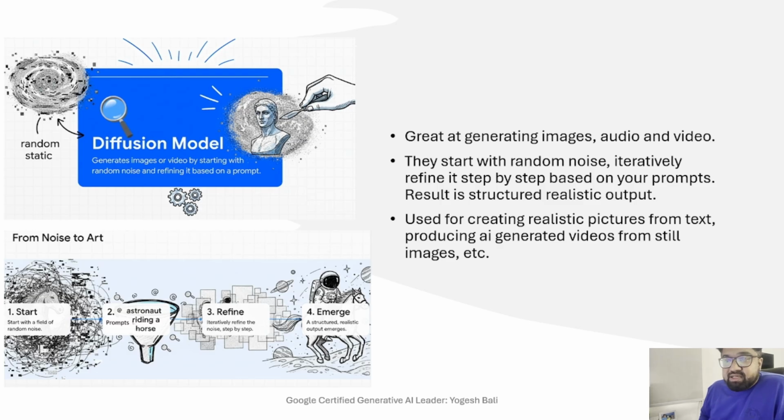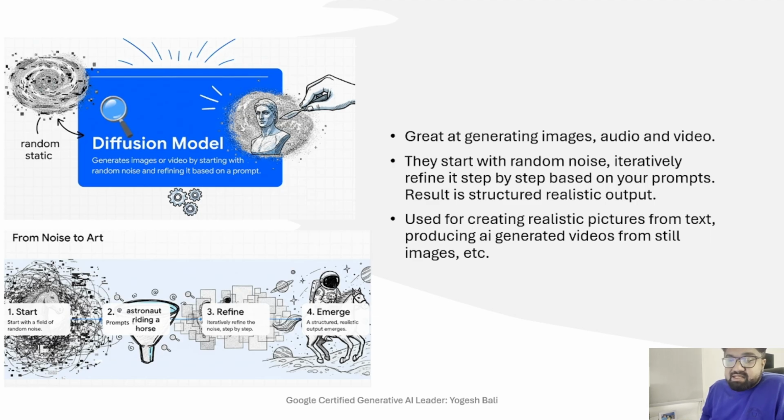The diffusion model is also a foundational model. This model is used to create image, audio, video. How it works is that it basically creates random noise, then asks the user to give feedback or prompts, and accordingly it refines this noise to make realistic art.